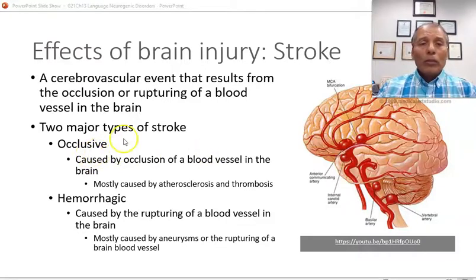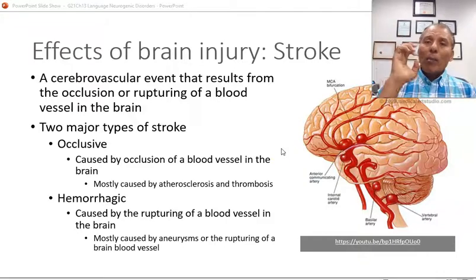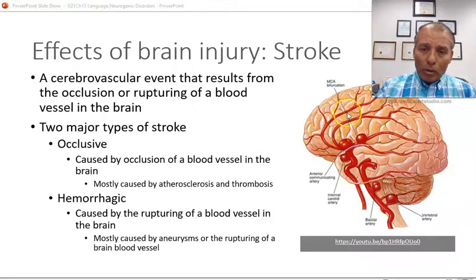So the occlusive kind of stroke can be caused by a blood clot or by an embolus, a thrombus that was dislodged and that flows through the bloodstream and blocks a blood vessel. So in any case, the blood vessel is blocked, and the areas that the rest of the blood vessel supplies with nutrition, that whole area starts to die.